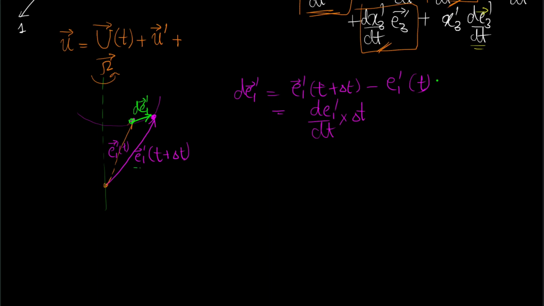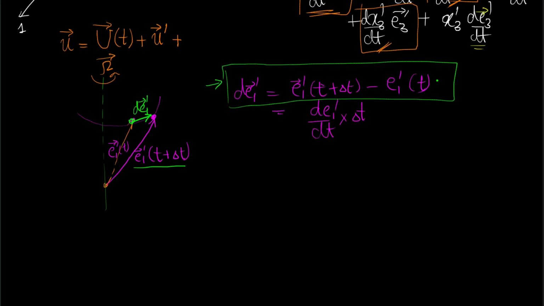This pink vector is equal to this orange vector plus the green vector. There is nothing but this particular statement. If I arrange this, E1 prime at t plus delta t, which is the pink vector, equals dE1 prime, which is this vector, plus E1 prime, this vector. It's just a vector summation.